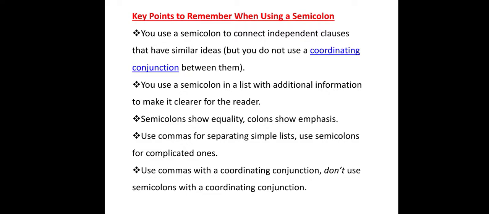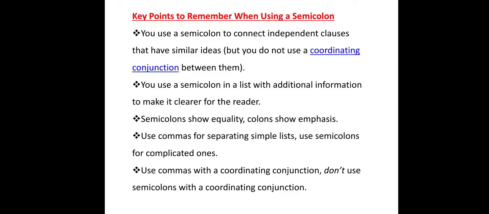Now, a few points to know about the semicolon. You use a semicolon to connect independent clauses that have similar ideas. Okay, meaning two independent sentences when they have a similar idea, but a coordinating conjunction is not used there.